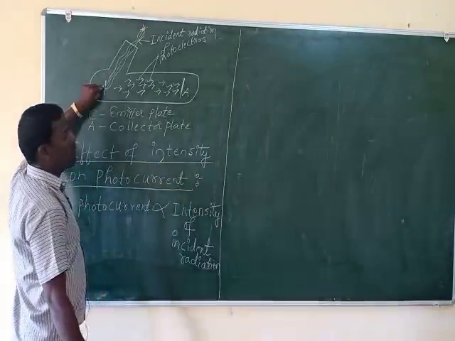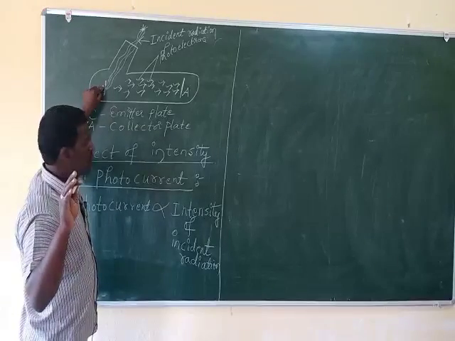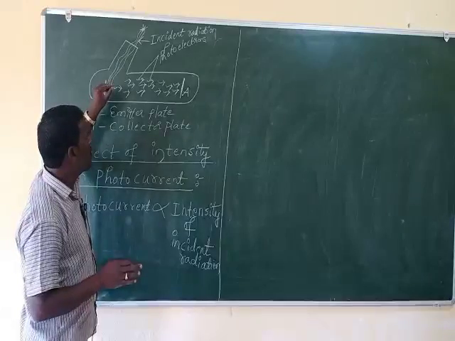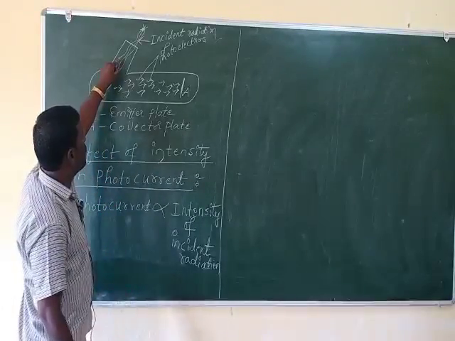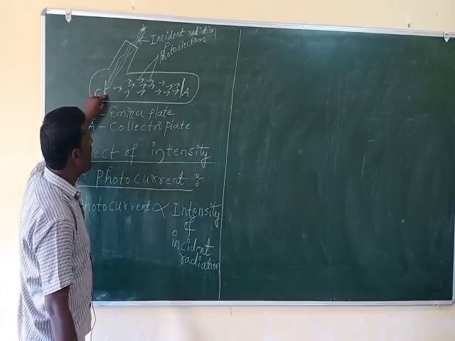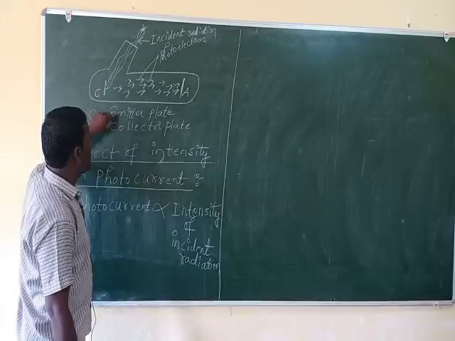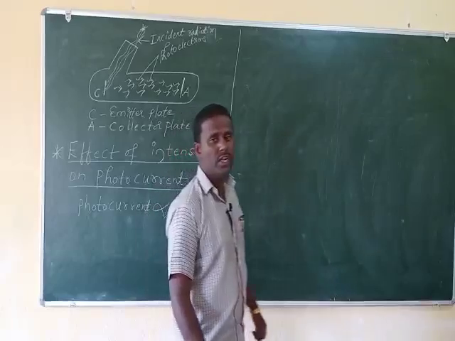From the emitter plate, more number of electrons are emitted per second per unit area. So if you are sending a light of more intensity, more number of electrons are emitted from the plate C, that is the emitter plate, and more number of electrons flow from C to A.